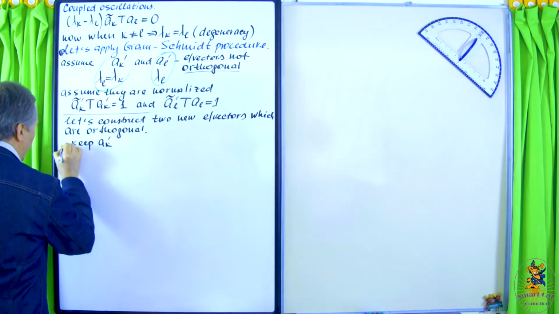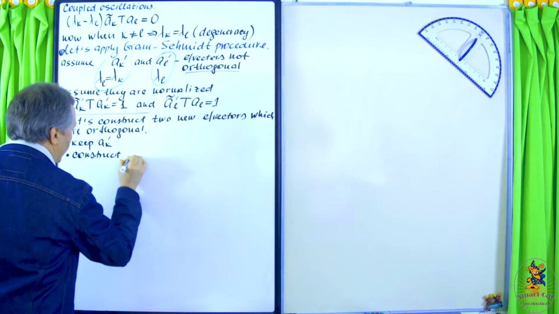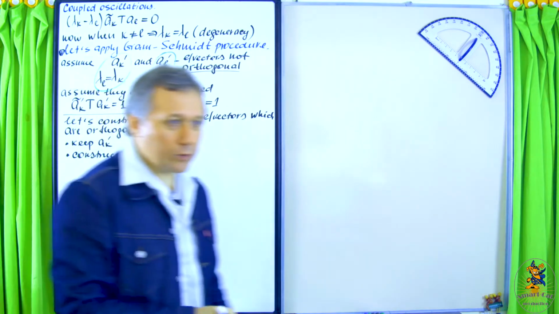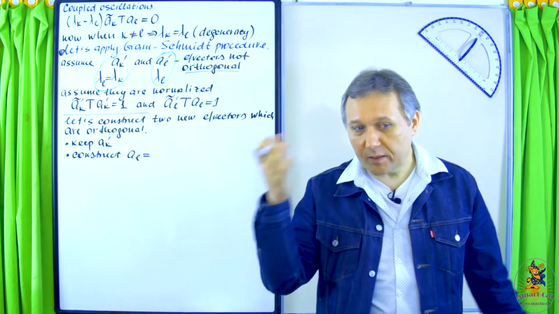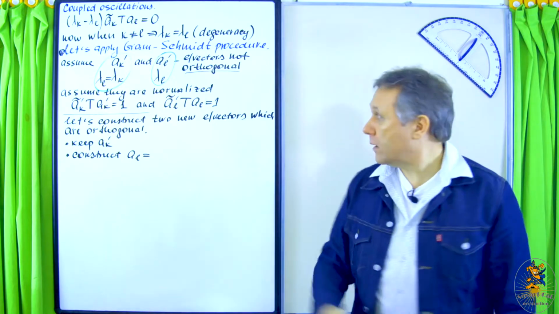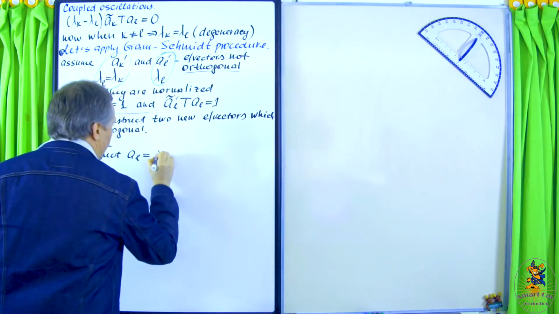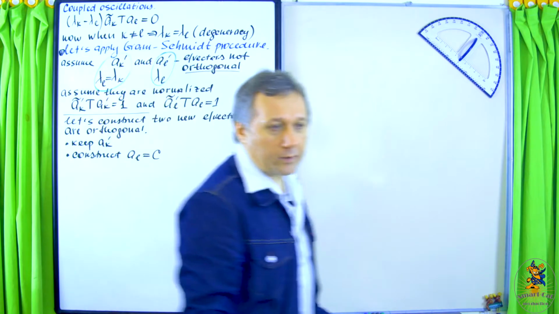And then second bullet, construct a sub L, which will be, okay, what can we do? The simplest operation which we can use is pretty much linear superposition of these two vectors, right? Why not? Let's try it, as long as it gives us what we want.